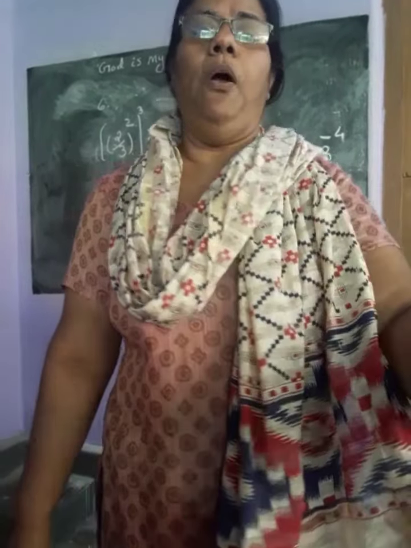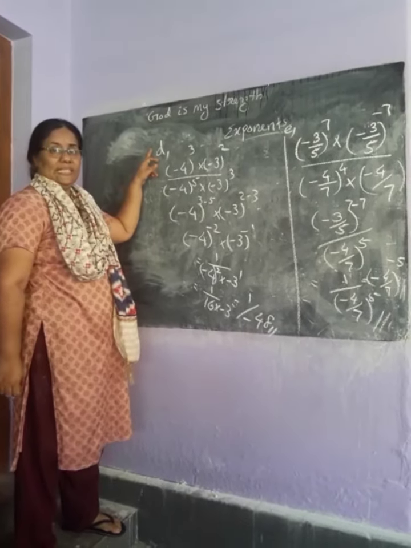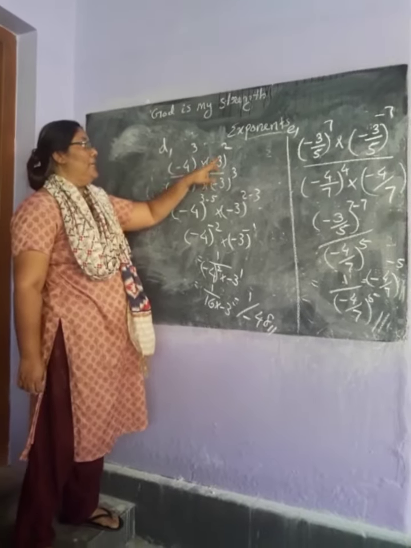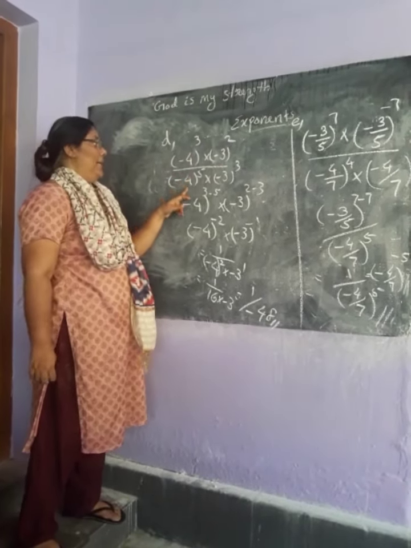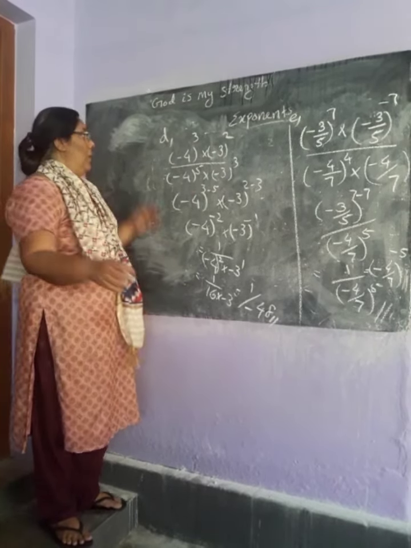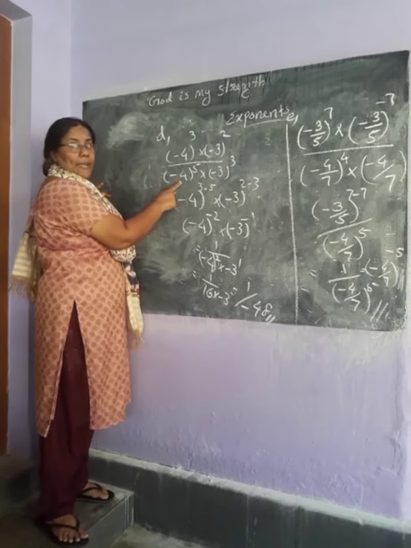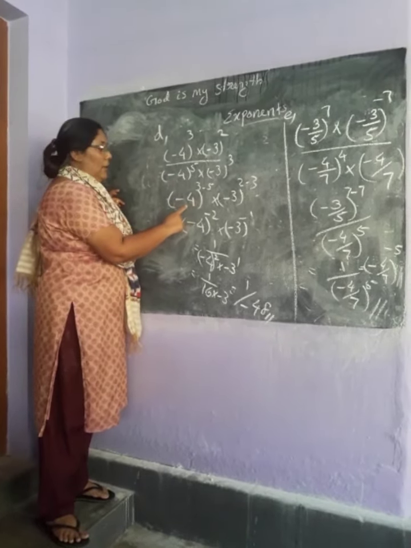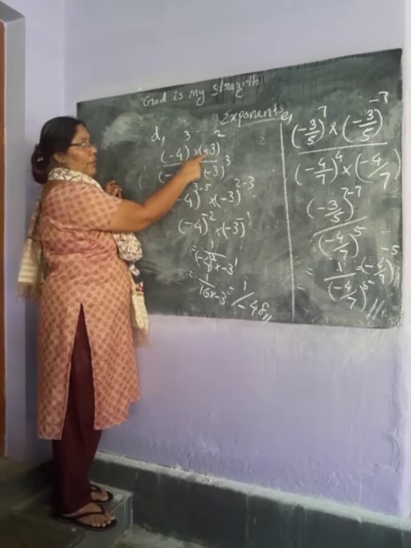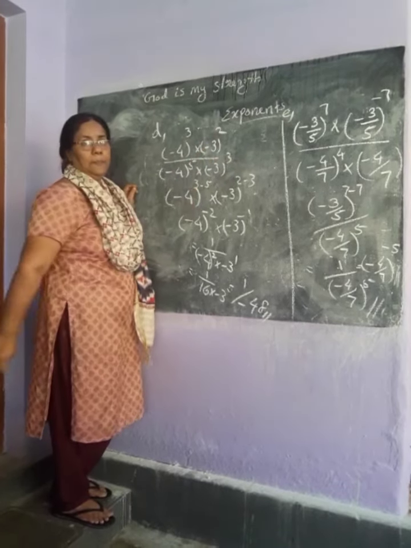Listen. Next problem. 6D part. Minus 4 raised to 3 into minus 3 raised to 2 by minus 4 raised to 5 into minus 3 raised to 3. Now, here the base minus 4, the denominator base minus 4, we combine that together. Minus 4 raised to 3 minus 5, into the second one minus 3, therefore minus 3 raised to 2 minus 3.